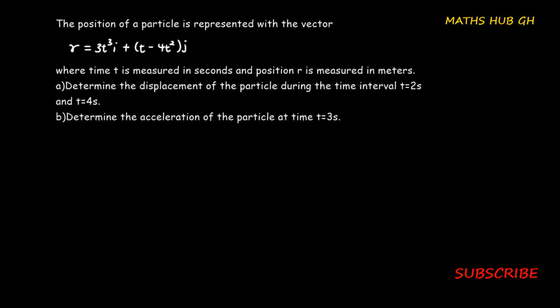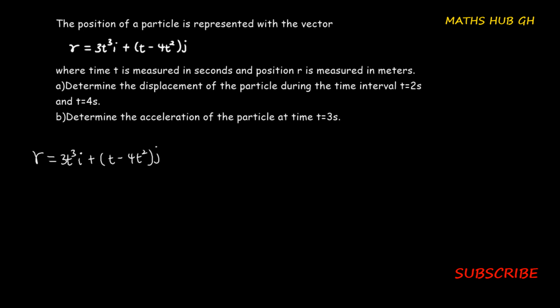So we have to first of all find the displacement of the particle. To do this, you are going to substitute the given time boundaries into the position vector expression. Then we find the difference, and that will give us the displacement. So let's look at that. We have the position vector r equal to 3t cubed i, and then plus t minus 4t squared j.